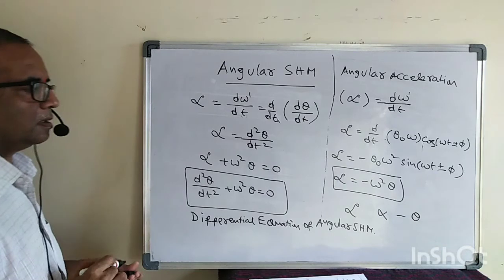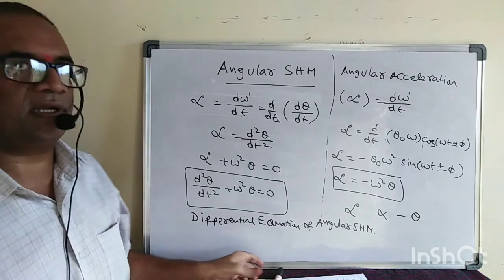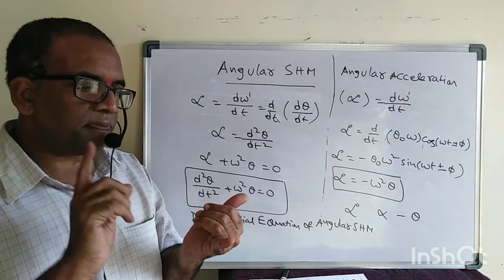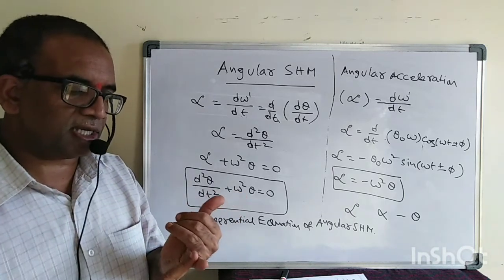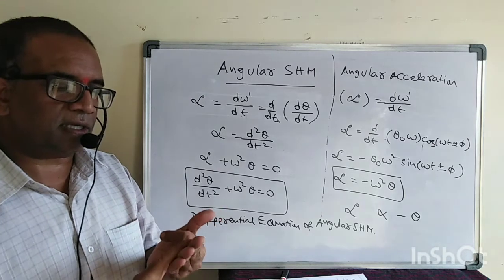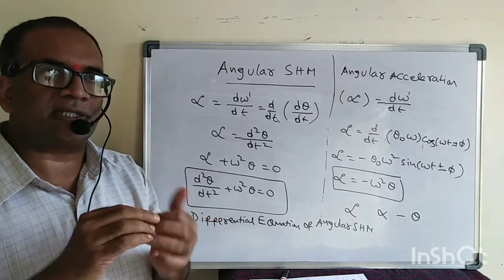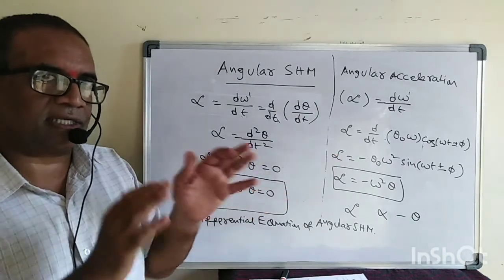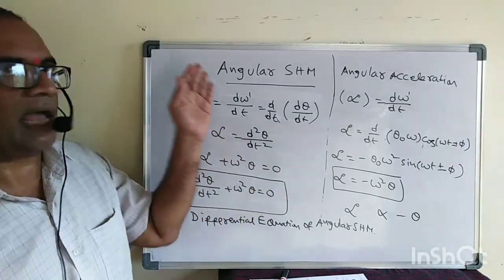Now see carefully what we discussed today. We discussed the energy of the particle in SHM, that is potential energy, kinetic energy and total energy. The total energy of the particle in SHM is always constant. That's the first case we discussed. In the second case, we discussed angular SHM.